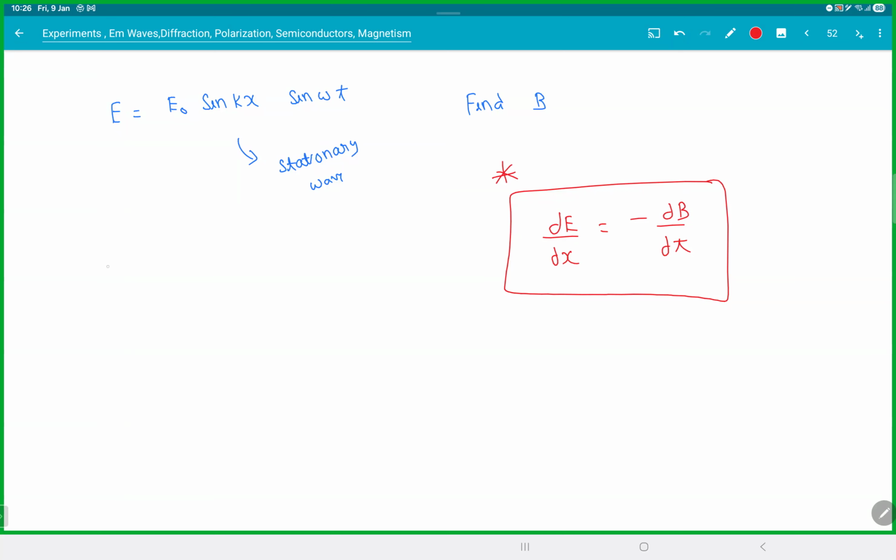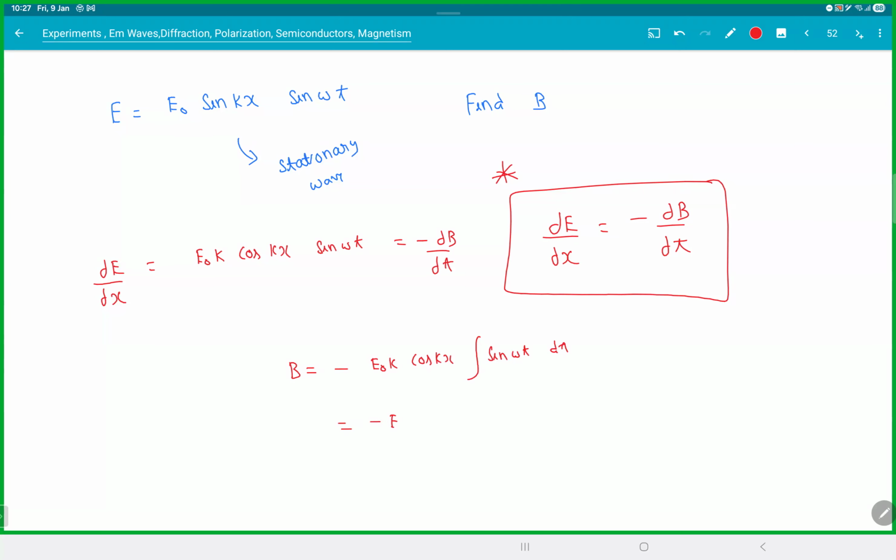So first differentiate. Dou E by dou x will be E naught k cos kx sin omega t. You're saying this is minus dou B by dou t, integrate. So B is equal to minus E naught k cos kx integral of sin omega t dt.